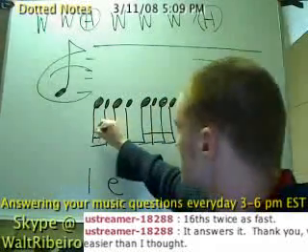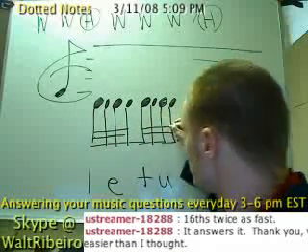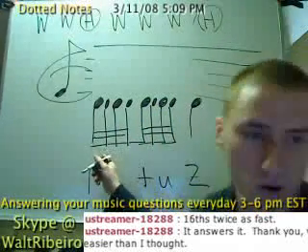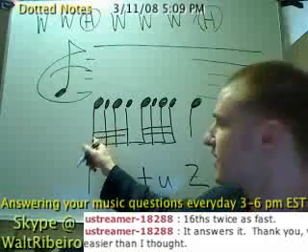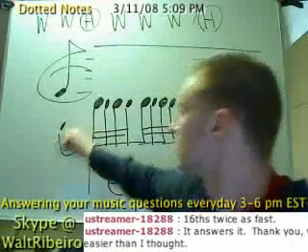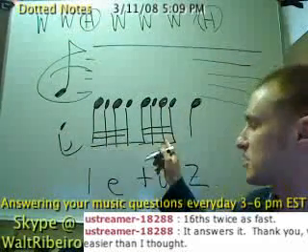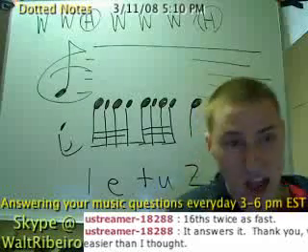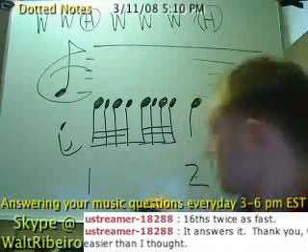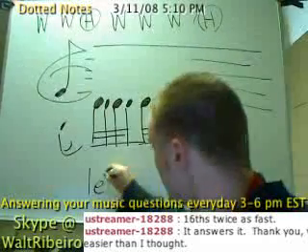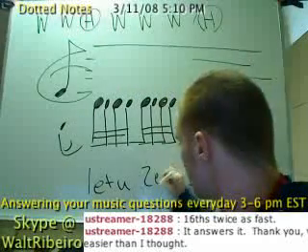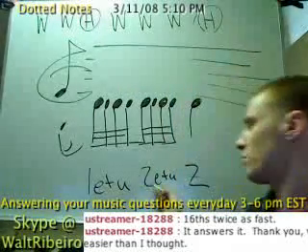And then there's your 32nd notes. Oh, well, before I forgot to put the line. If you had 2 lines here, there was your 16th note. Let's make these 32nd notes. And so now I have 1 e and a, 2 e and a, or whatever you wanted to do.